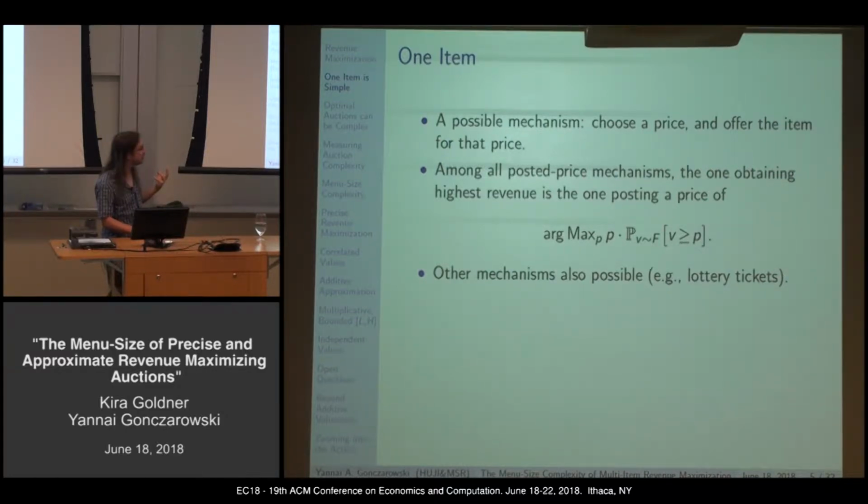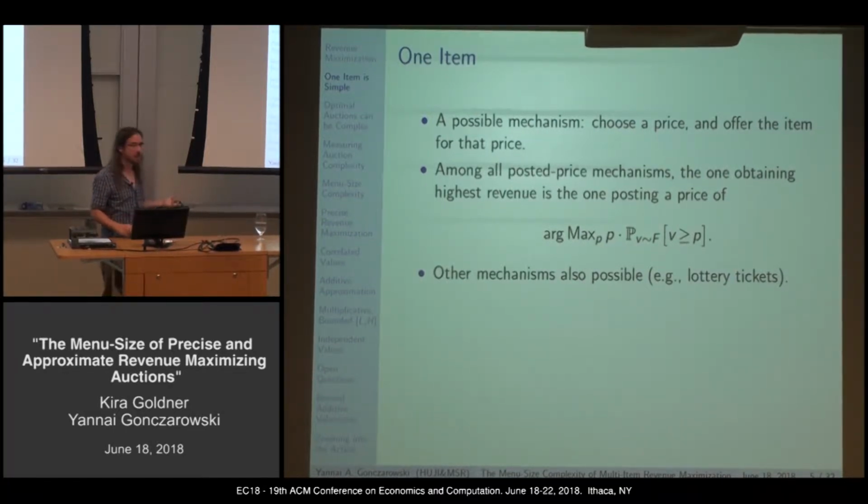So this is my expected revenue from price P. And I'm going to want to find the P that maximizes this expression. Usually, if I have a nice way in which the distribution is given to me, I'm going to write this down, differentiate, find where the derivative is 0, or look at the edges, and find the best P. But there are also other mechanisms possible.